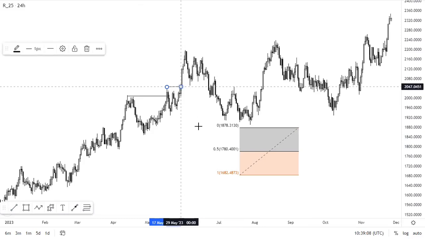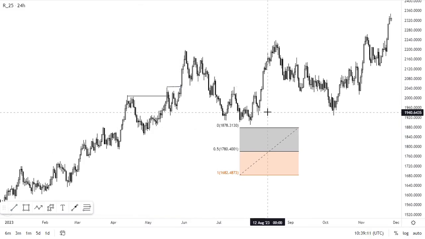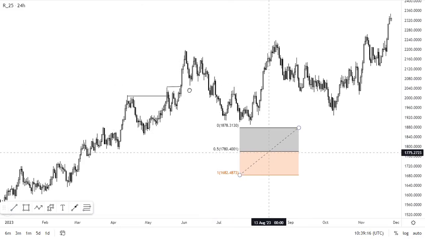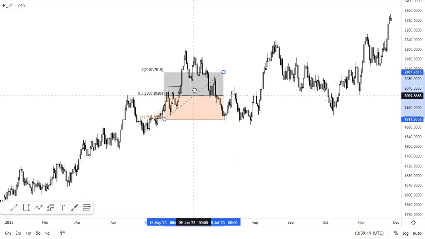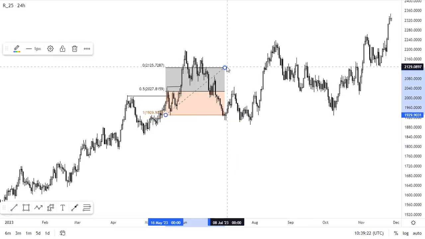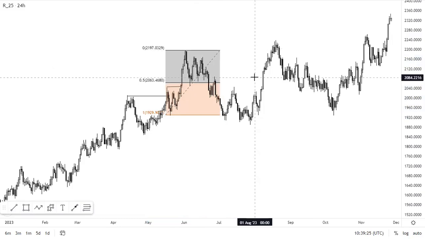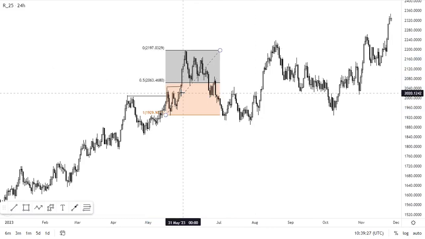So if you are a scalper and you just feel, I want to continue in the buy, I just want to get a little buy, then you can pick out your Fibonacci from this swing point to this swing point, which is the range. Then you are waiting for the market to get to your discount level.